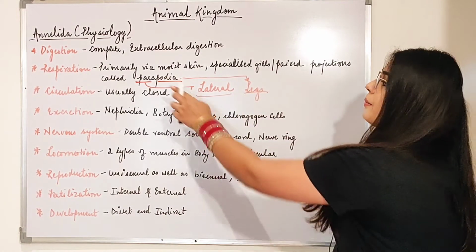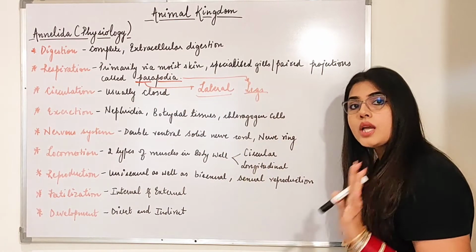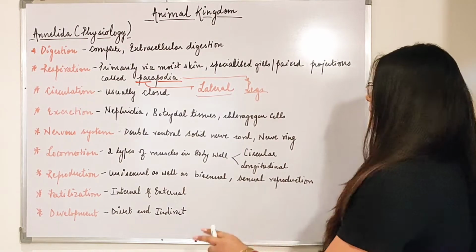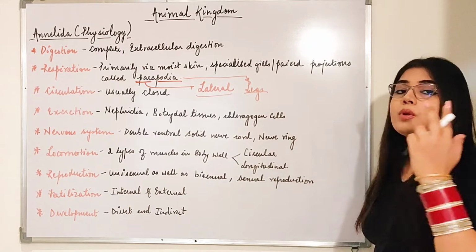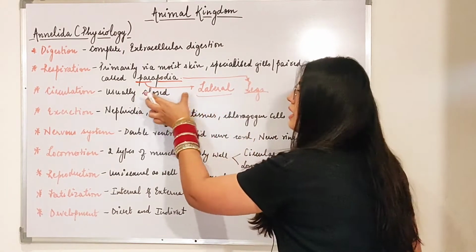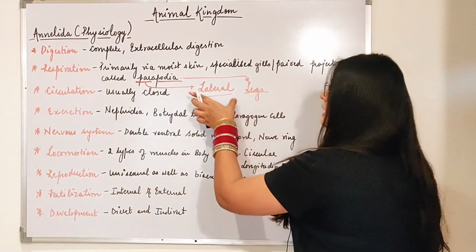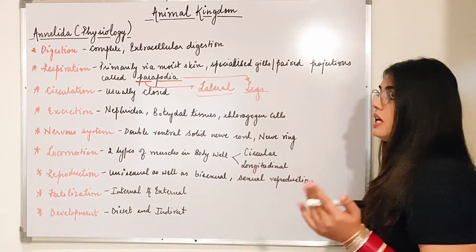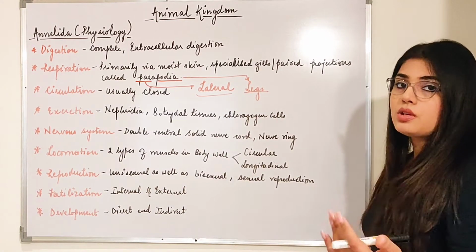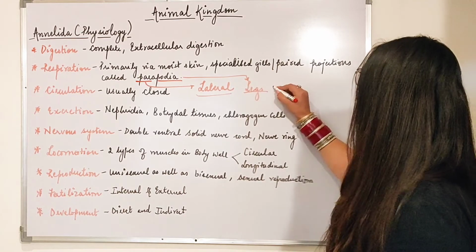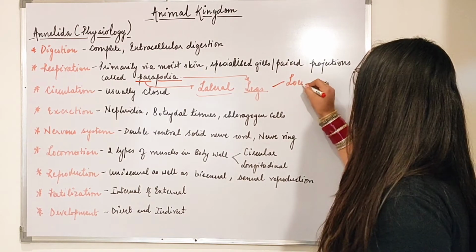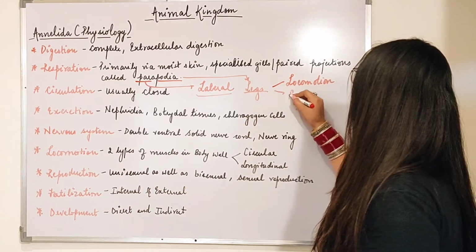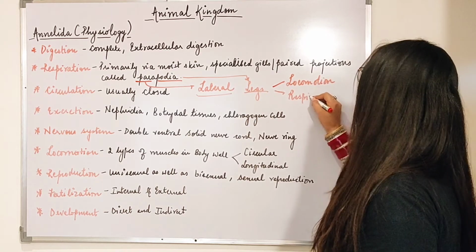So primarily respiration is taking place through moist skin. In earthworms it is a moist cuticle. Also they have paired projections called parapodia, meaning lateral legs. These lateral legs also help in the process of locomotion, and also help in the process of respiration.